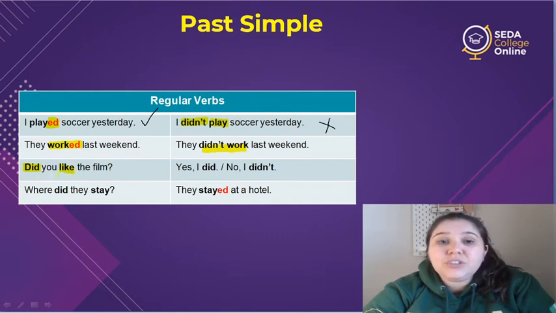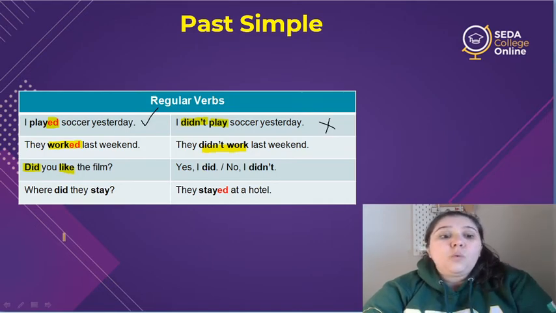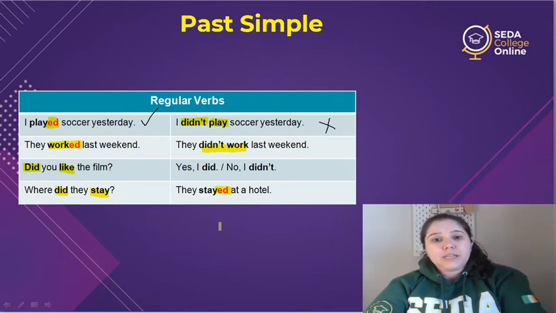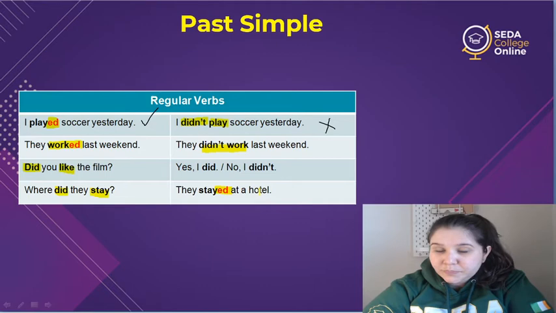I can't say did you liked the film. It has to be did you like the film. And then the answer can be yes, I did, or no, I didn't. Where did you stay? Again, the verb in the base form. They stayed at a hotel because this is an affirmative sentence. Cool?